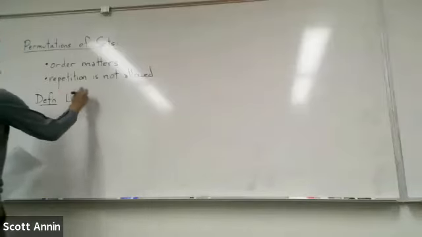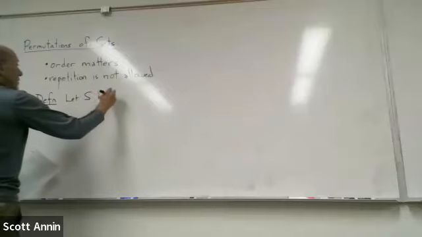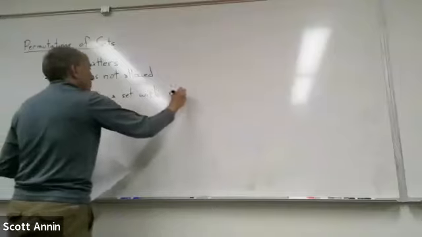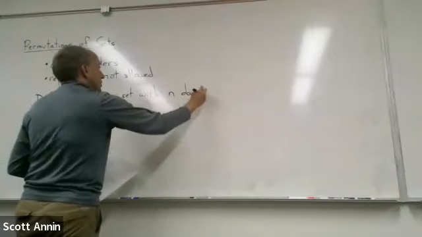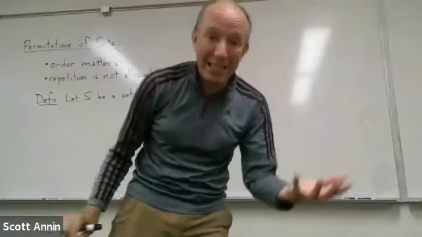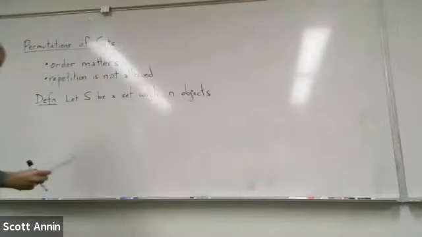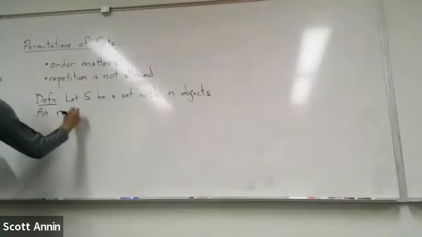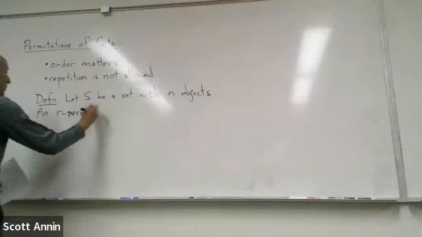Let's suppose that S is a set with n objects. And we're going to be using those objects to make arrangements that we would like to count. That's kind of the idea behind this. So I'm going to define something called an r-permutation.